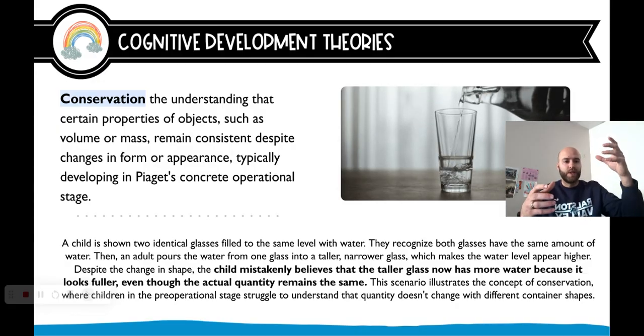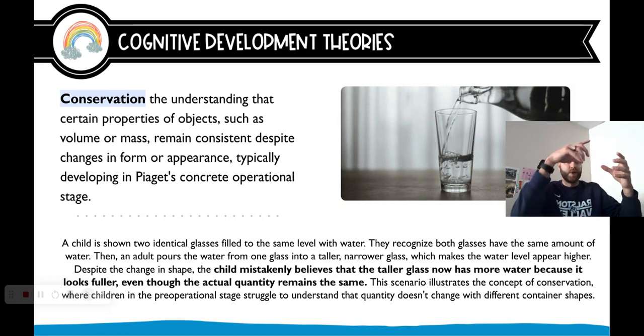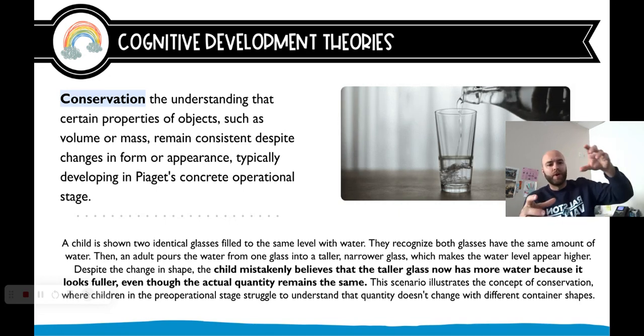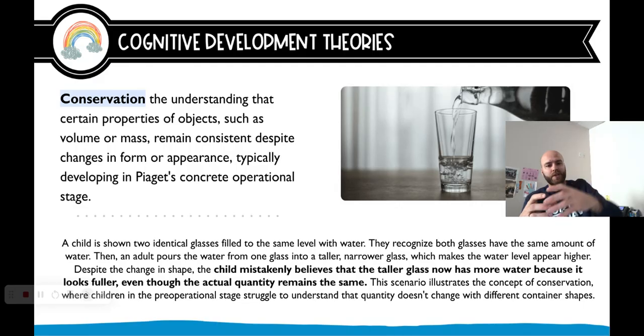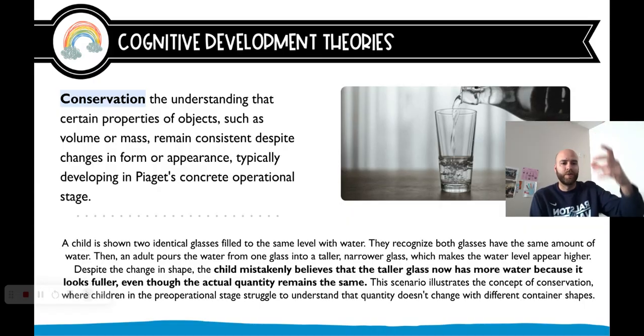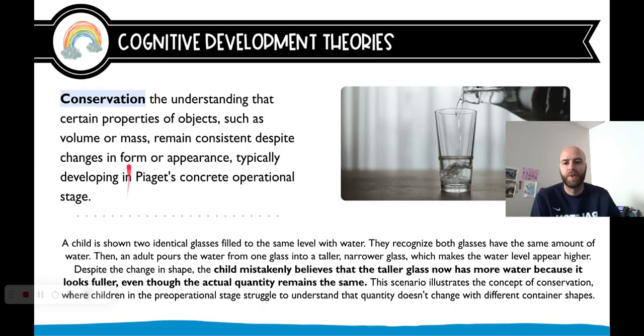One's really tall and skinny, one's really short and fat. And you could take the tall and skinny one that's filled up to the brim and pour it into the short fat one, and you could ask which one had more water in it, and they're going to say the skinny tall one because it looks like it has more, even though the amount of water doesn't change, because they don't understand conservation yet. Right? We'll watch a couple of videos in class that show this in real time.